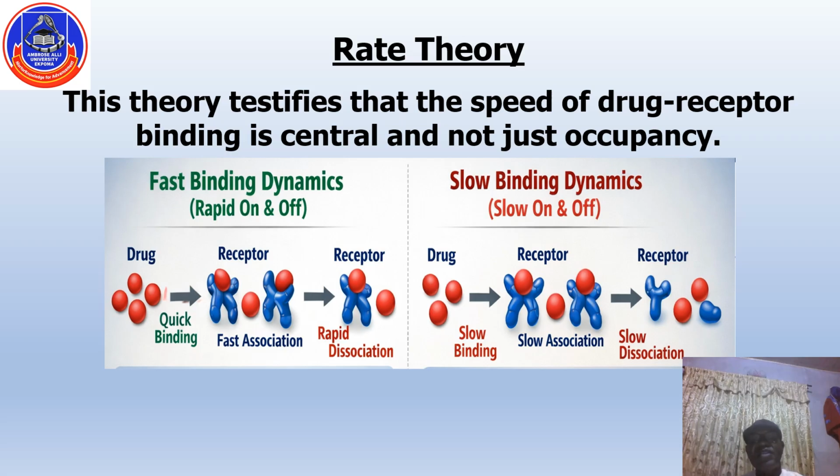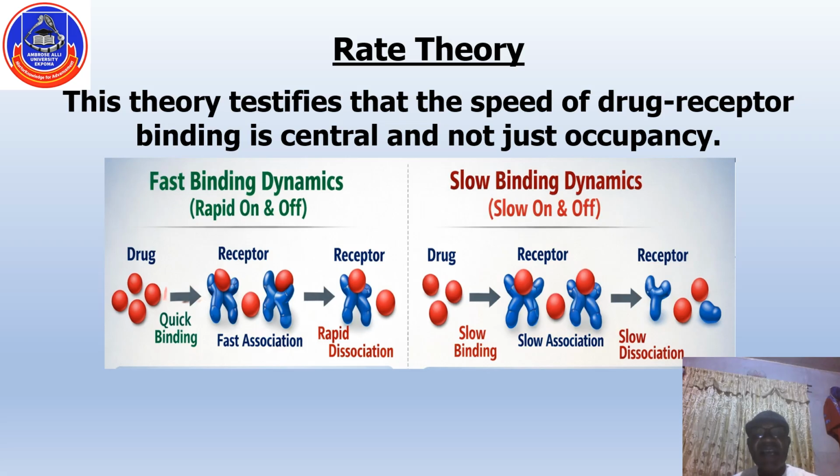Now, the rate theory. This theory simply testifies that the speed of a drug receptor binding is central and not just occupancy. So this is saying that binding speed matters more than occupancy.